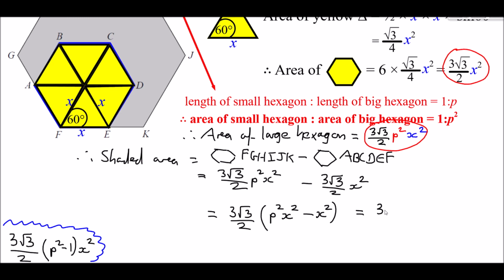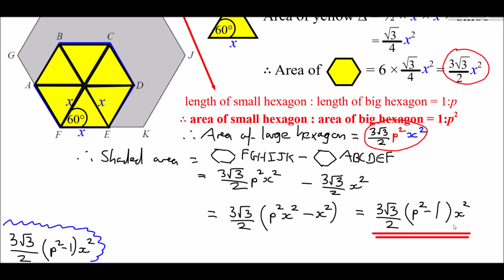So 3 root 3 over 2. What goes into brackets now, if I factorise out the x squared, is these terms divided by what I'm factorising out. So p squared x squared divided by x squared, that'll just leave us with p squared here. And then the minus x squared divided by itself. Anything divided by itself is 1, so this is going to be replaced with minus 1. And that's what we wanted to prove all along. So we've proven what we needed, therefore we've completed the question as required.